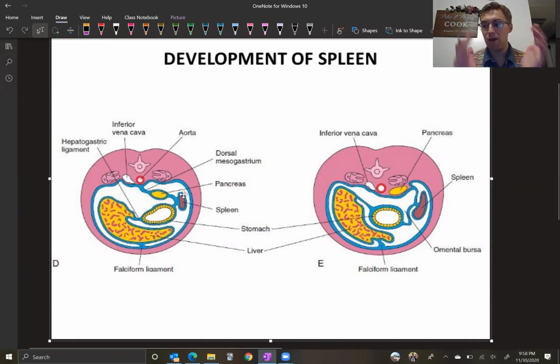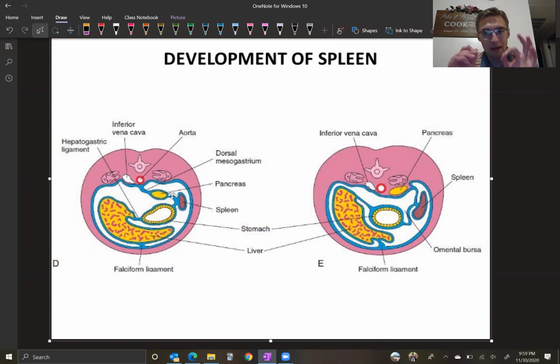Essentially, in the fourth week, mesenchymal cells that are in this dorsal mesentery, aka the mesogastrium, begin to coalesce. And around the 5th week, after they've coalesced, they begin to differentiate into splenic cells. You can also have these other cool little things called accessory spleens forming, which may not be cool if they aren't absorbed or obliterated, but little microspleens that can form around the area as well.